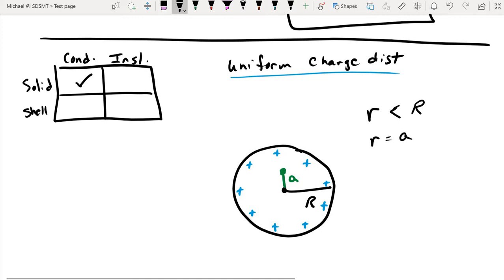And what we want to do is apply Gauss's law to this situation to see if we can measure the electric field at the radial position of A. But keep in mind that there are plenty of other positions within that sphere that exist at a radius of A. And so what we have done in mapping that out is we have basically drawn ourselves a Gaussian surface.